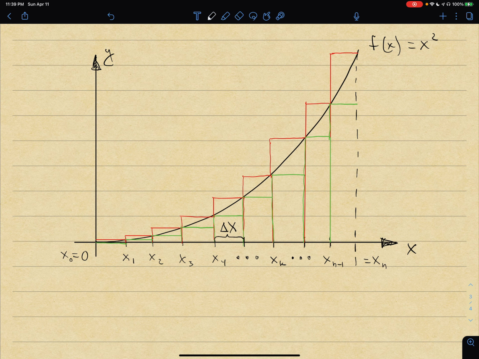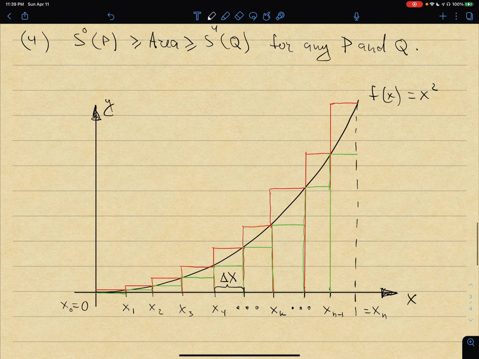So what I want to do is to compute two things. So let's call this another example.